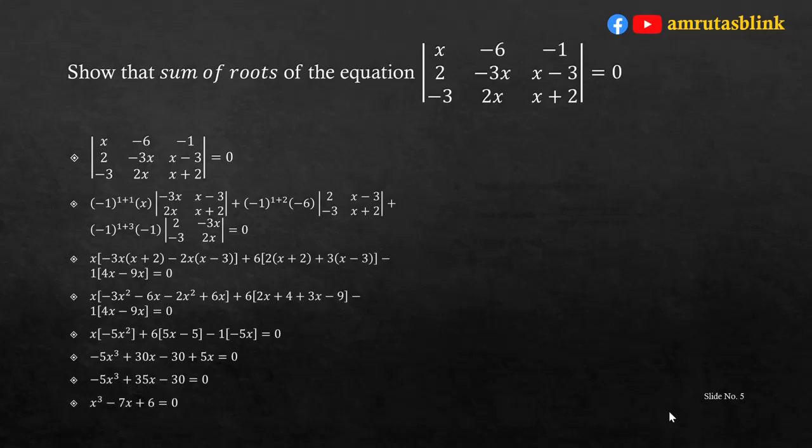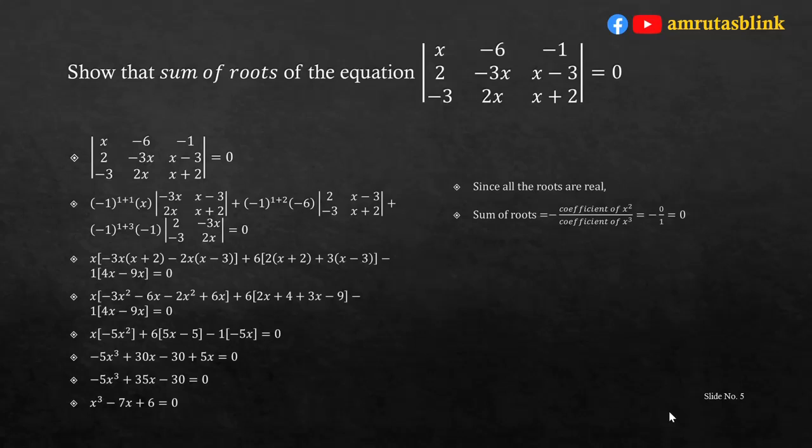Now, if we divide the whole equation by -5, then we have got x³ - 7x + 6 is equal to 0. Now, it is given that all the roots of this equation are real, and hence the sum of roots is equal to minus coefficient of x² upon coefficient of x³.